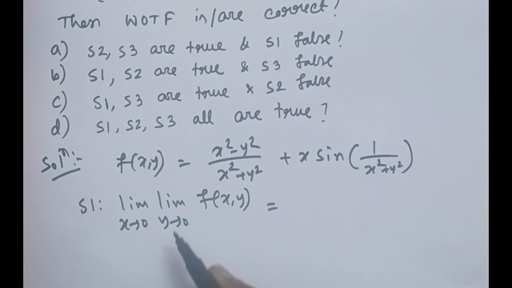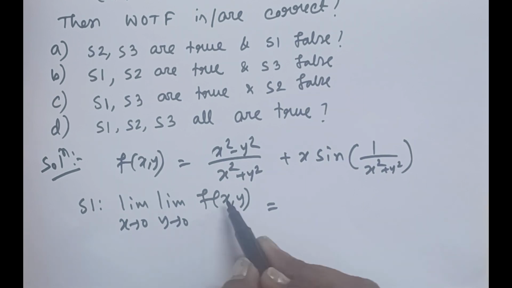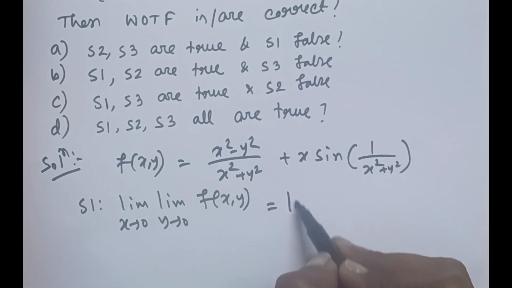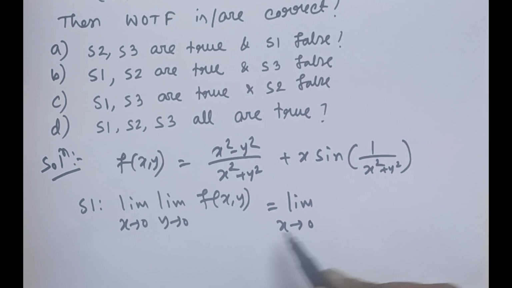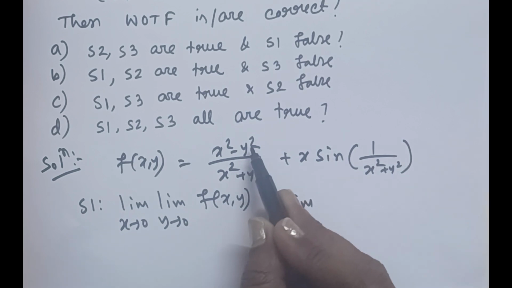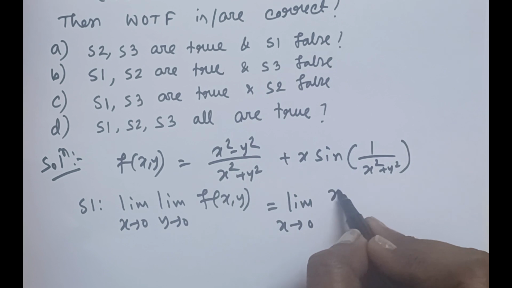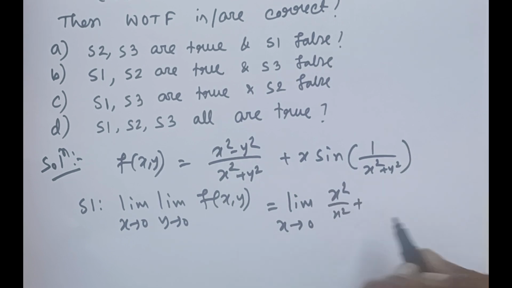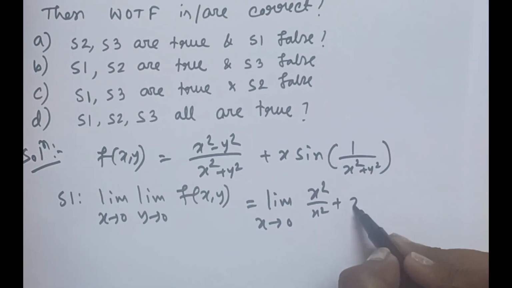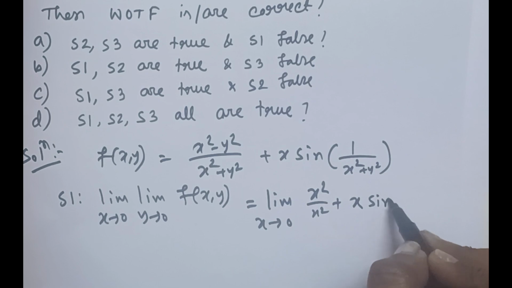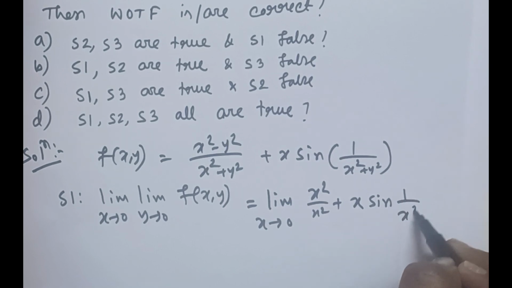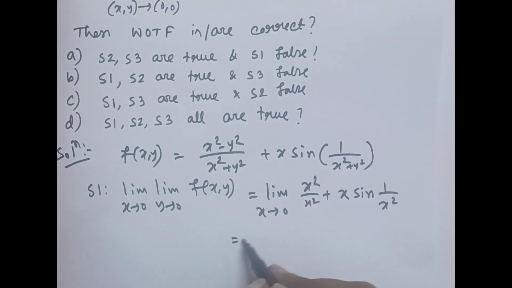We can write this as limit x tends to 0, and we will take y tends to 0 in the function directly. When y tends to 0, for the first part the y part vanishes and we are left with x square by x square, plus the second part x sine 1 by x square, because we already took y tends to 0.